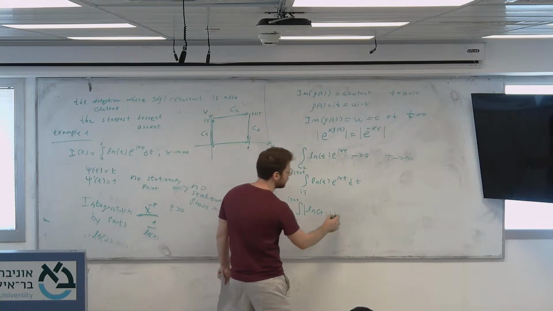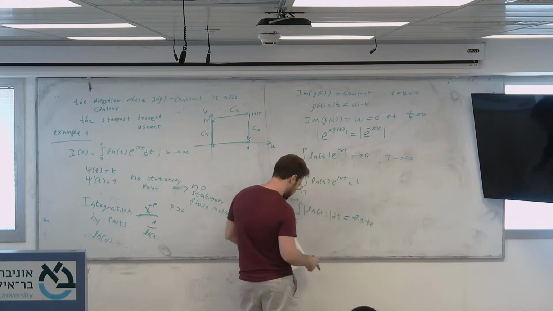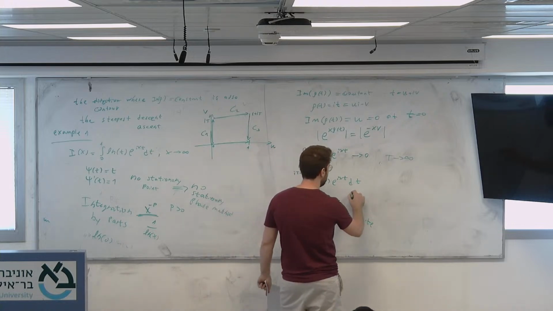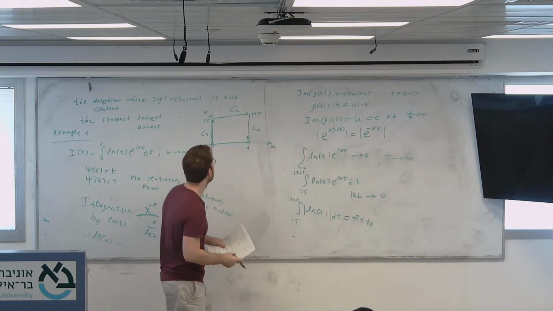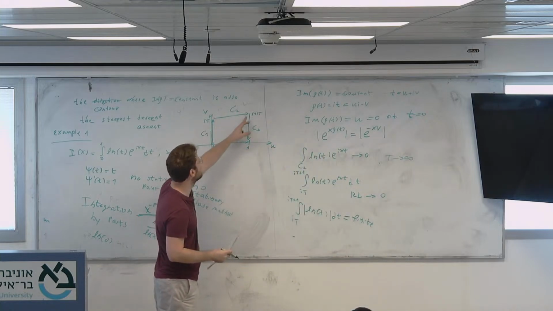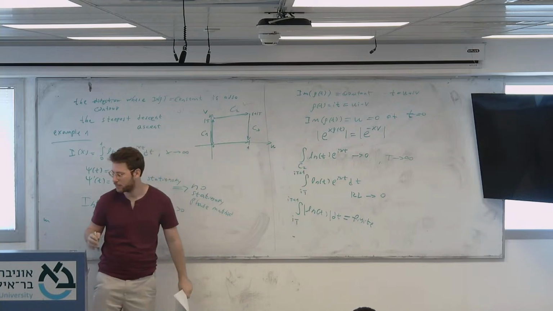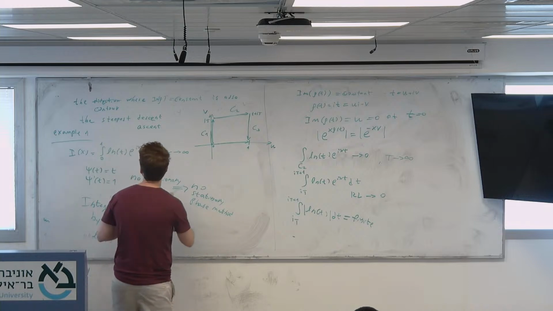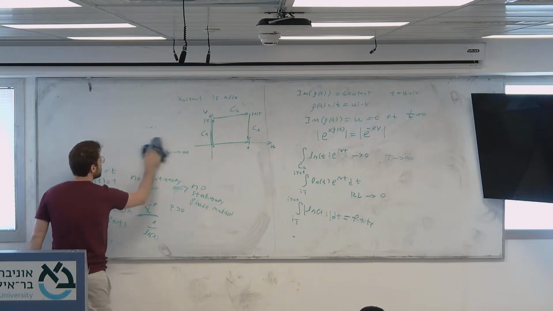So you can show this is finite, and then according to our lemma, this is 0. So now you just need to integrate over this region, and you'll get this one from Cauchy's theorem, okay? So let's do that.